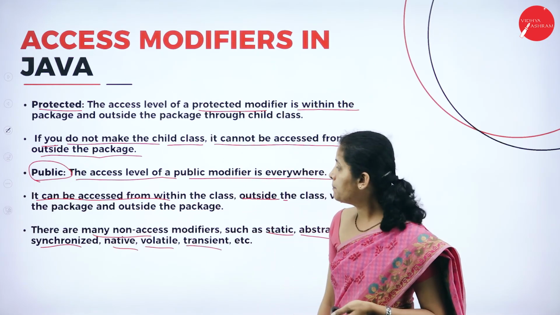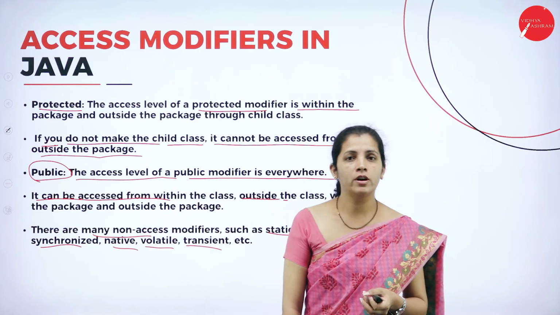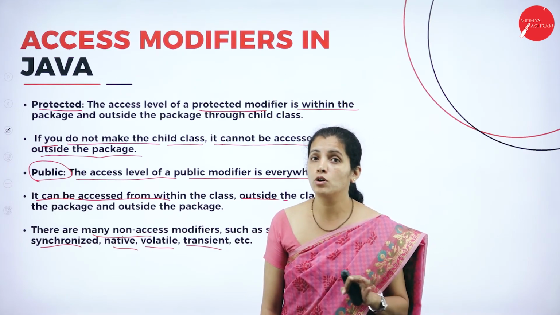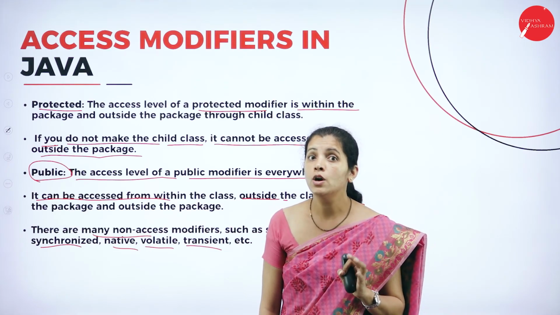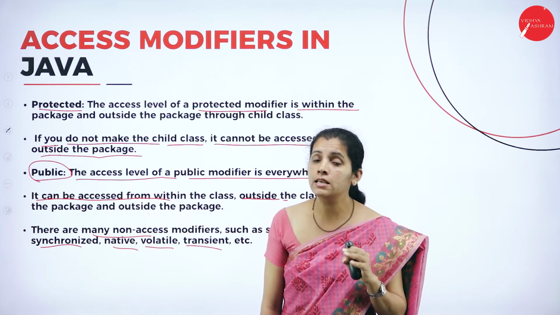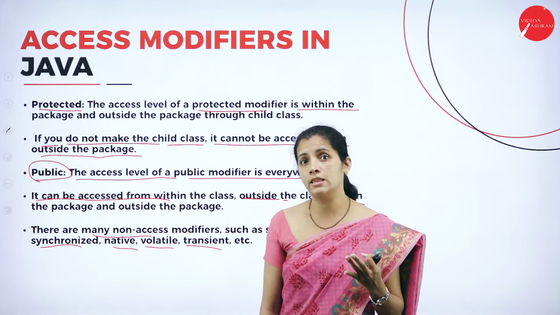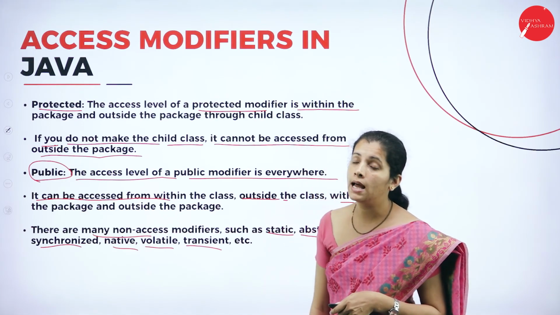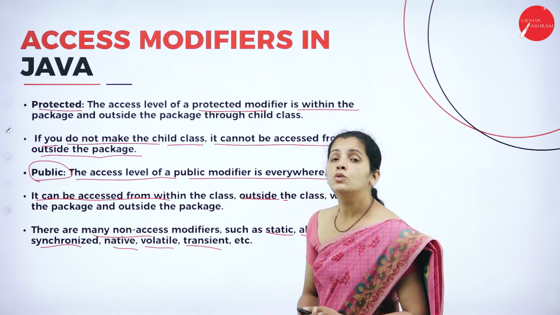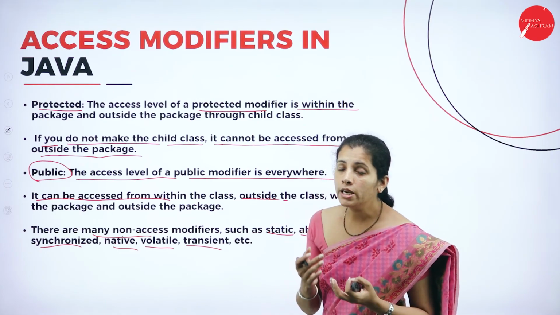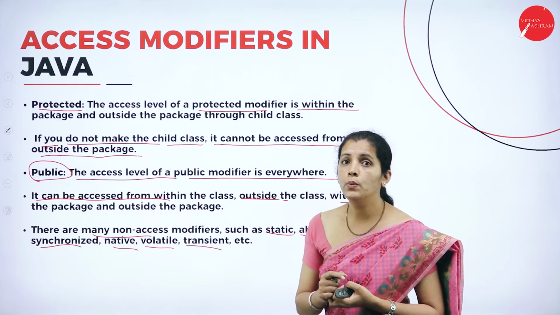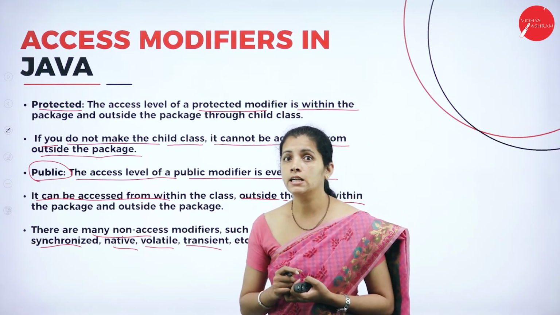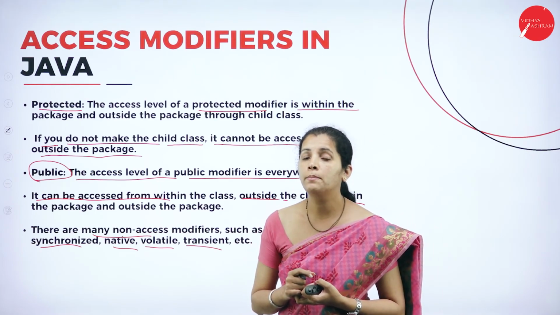These are examples of non-access modifiers. That means here we are not specifying the visibility or accessibility of classes, methods, objects as well as constructors.